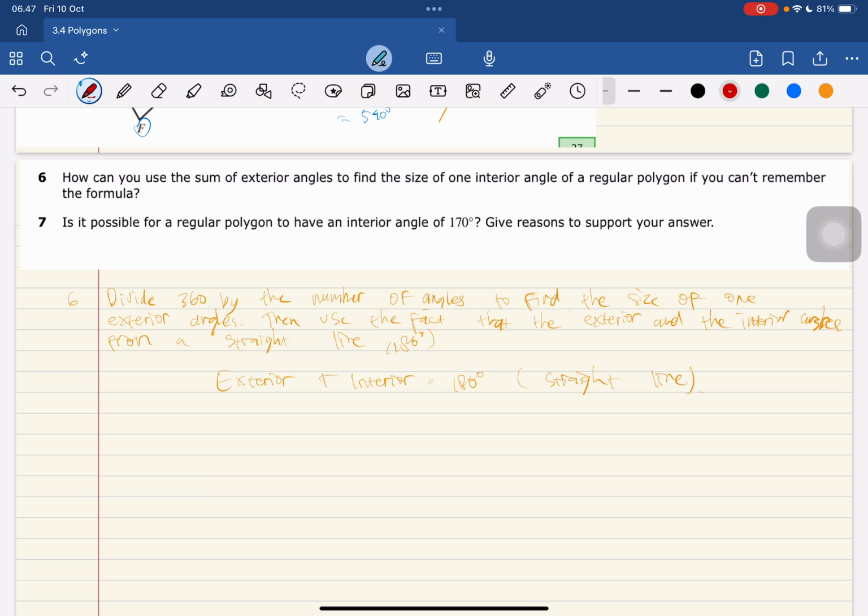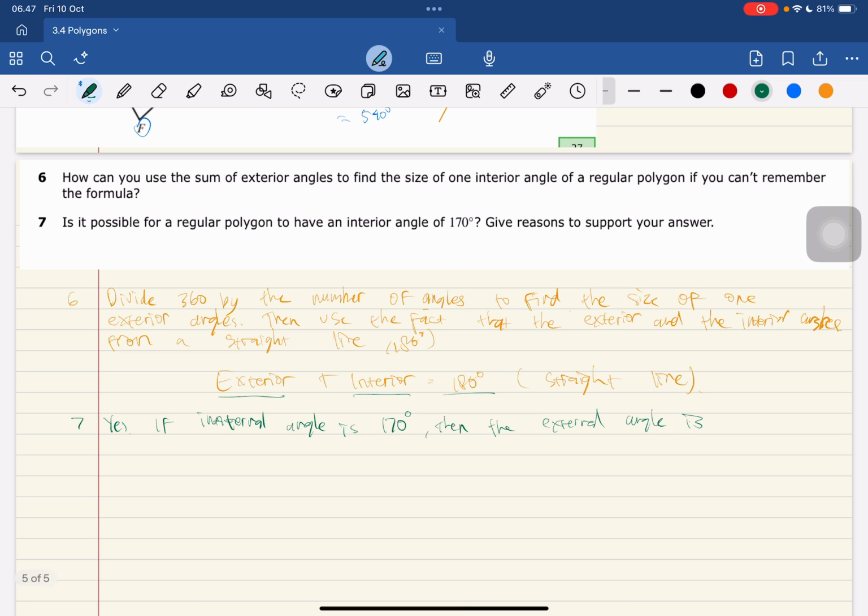Okay, now is number 7. Is it possible for a regular polygon to have an interior angle of 170? The answer is yes. If the internal angle is 170 degrees, then the external angle is, look at it, exterior plus interior is going to be 180.